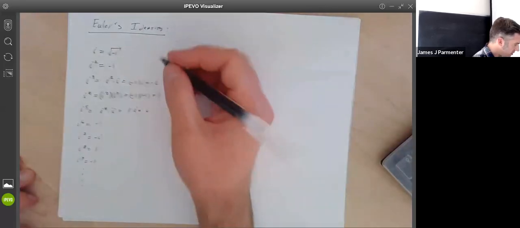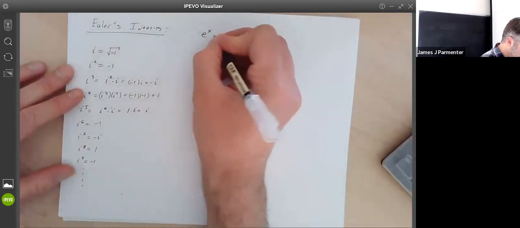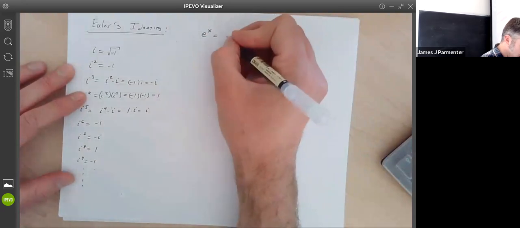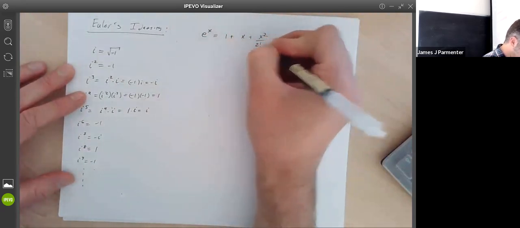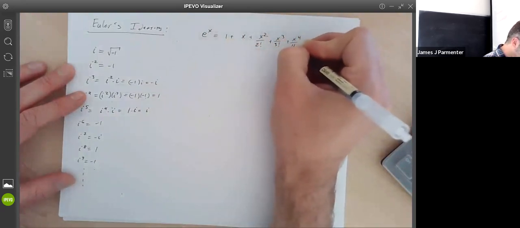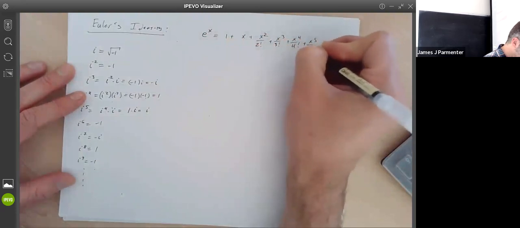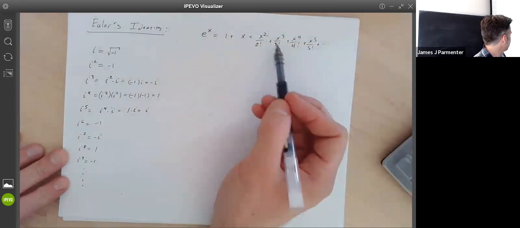All right. Then we're going to take our formula for e to the x, which is 1 plus x plus x squared over 2 factorial plus x cubed over 3 factorial plus x to the 4th over 4 factorial, and so on and so on. By the way, sometimes I write 2, sometimes I write 2 factorial.